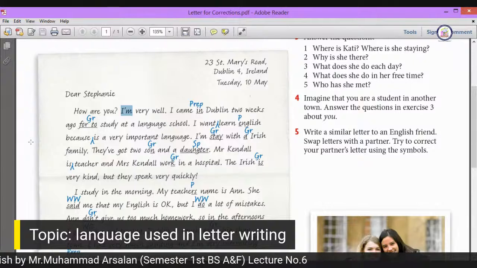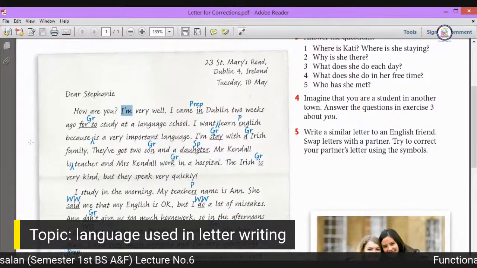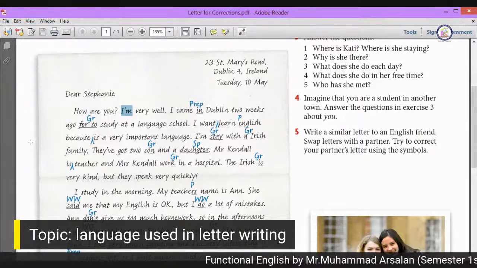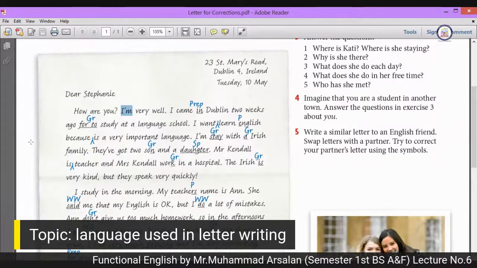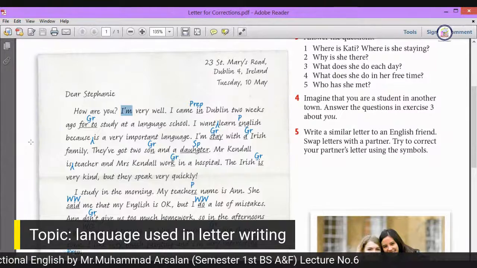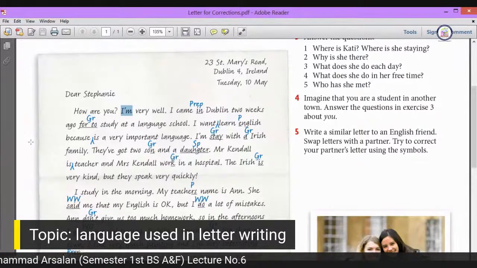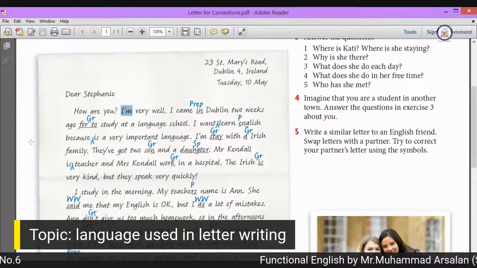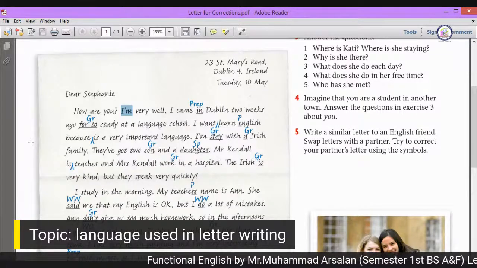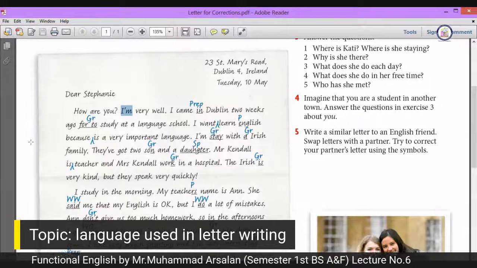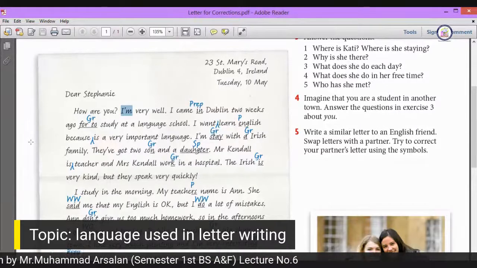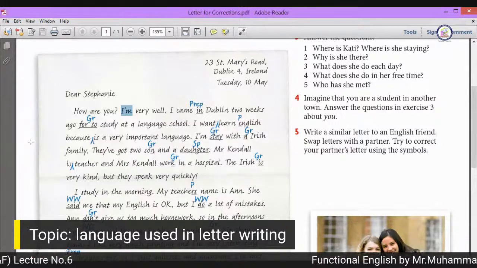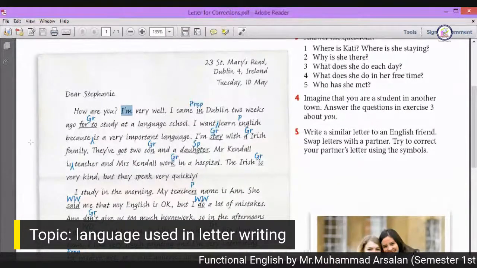Let me reread it. How are you? I'm very well. I'm is a short form. I came in Dublin 2 weeks ago for to study at a language school. I want to learn English because it's very important language. I'm stay with an Irish family. The Irish family, they've got two sons and a daughter.